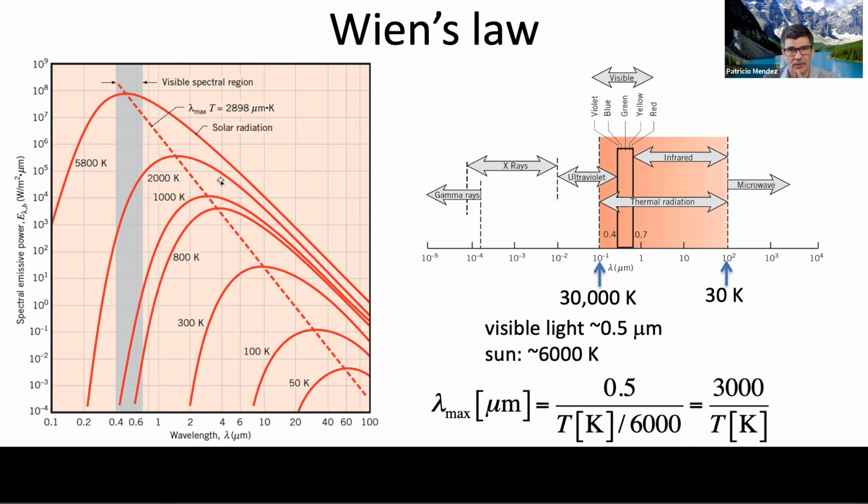But the most interesting thing is something that we also have seen, but might not have paid attention to, and that is that the peak of this distribution is at shorter and shorter wavelengths. And that's the reason that something that starts to be too hot starts glowing red. It doesn't glow blue, it glows red.